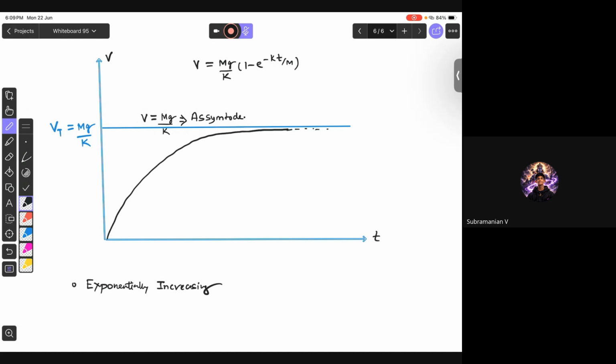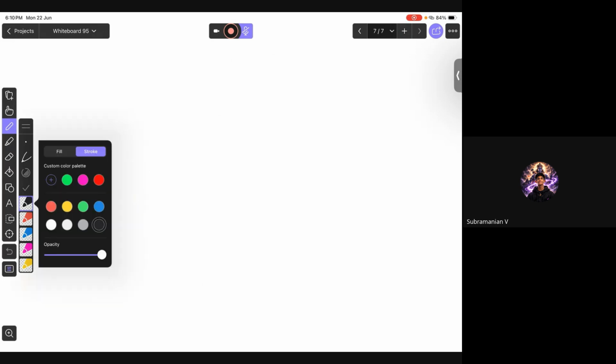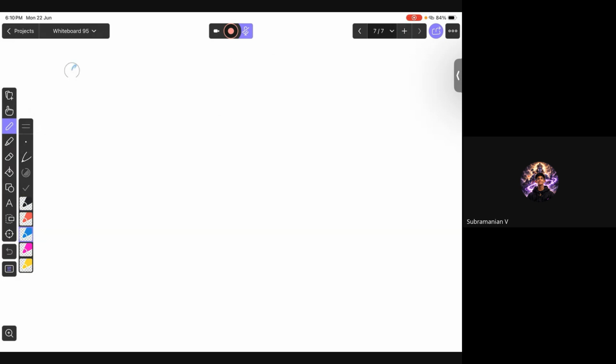I can take a new page now. Okay, then. Next thing is the acceleration. The acceleration came out to be g into e to the power minus kt by m. Now, if I differentiate e power minus kt by m once, it becomes negative.